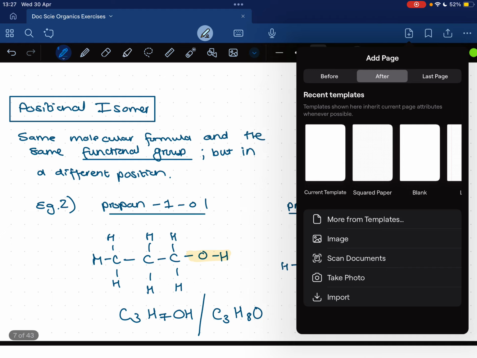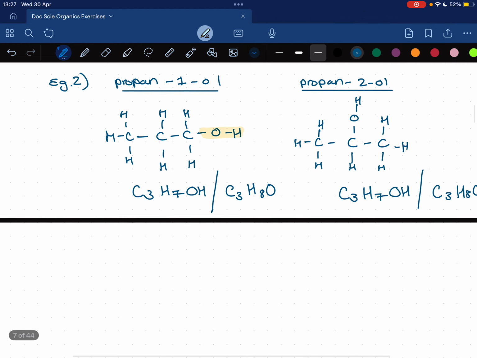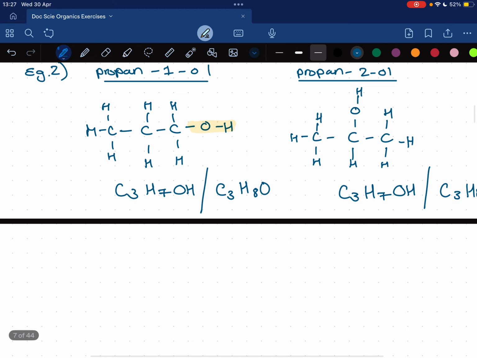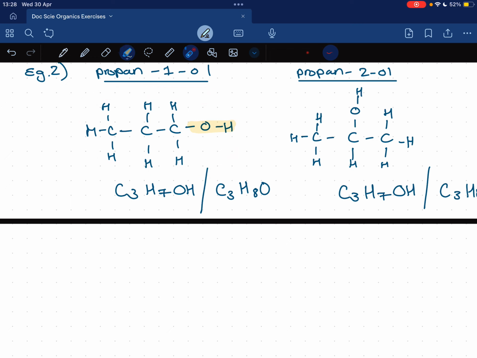So now I want to ask you, if I consider this one, propan-1-ol, and then I move the functional group to the second one here, what would happen if I move it to the third carbon?